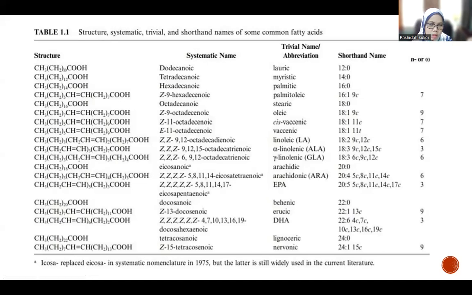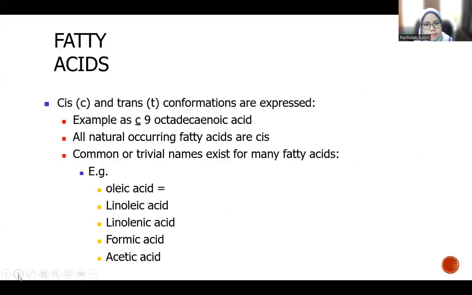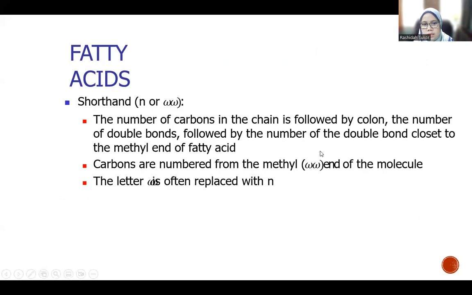Okay, so kalau macam protein, satu dia ada COOH, the other one is amine. But for fatty acid, one is COOH, another one is apa? CH3, methyl group. Methyl CH3 is methyl group. Okay, the number of carbon in the chain is followed by colon, so double dot, the number of double bond.